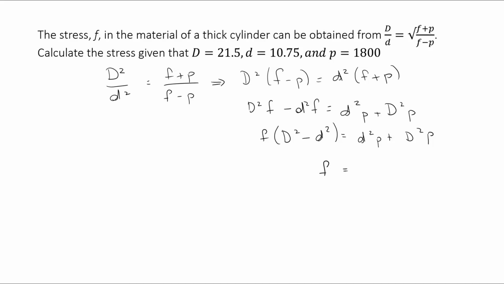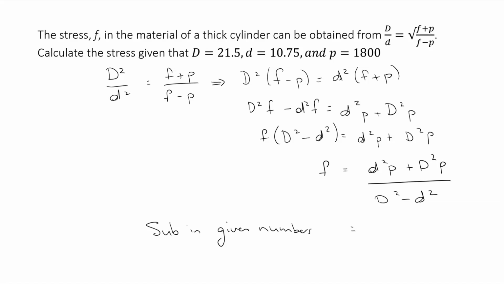And then you've got an expression for F. Now you can put in the numbers, so substitute in numbers, and you would get that F is equal to 3000. Now, I'm not an engineer. I'm not sure what the unit is there, but you will know.